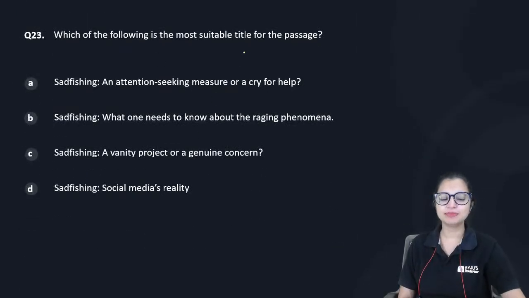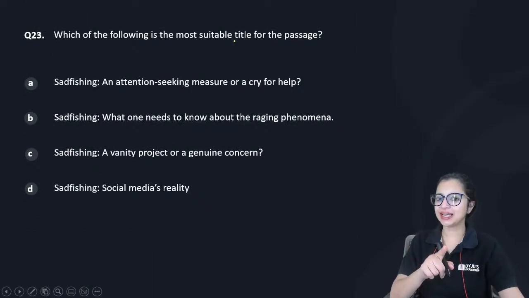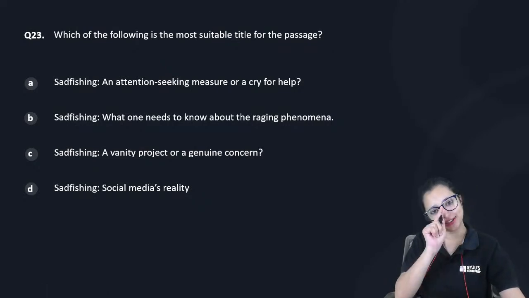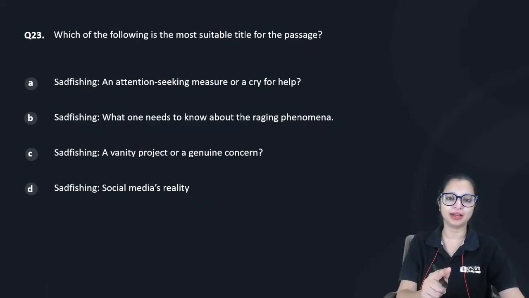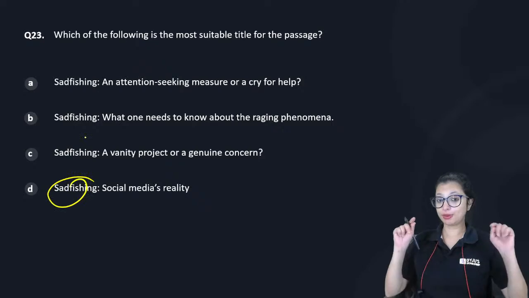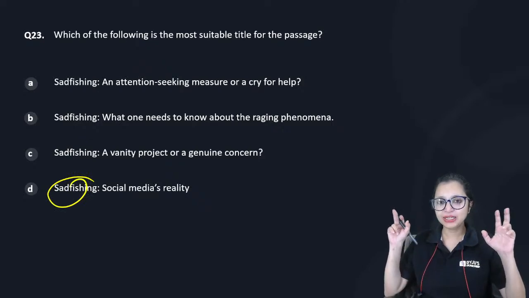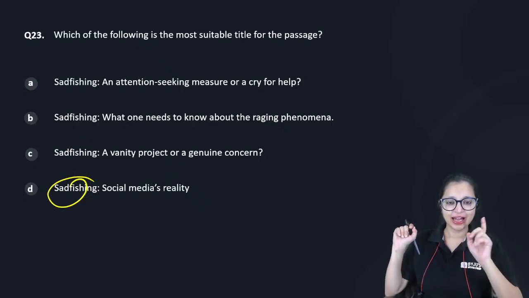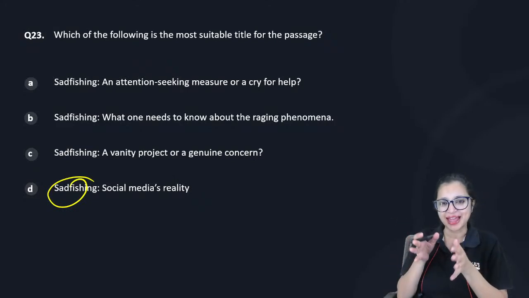23. Which of the following is the most suitable title? What did I teach you? Read the first paragraph and the last paragraph, and the title will come, and the main theme will come. If you know the main theme, you'll get the title here. So, sad fishing. You remember my phrase, bigger picture? Always eliminate an option that's narrow.